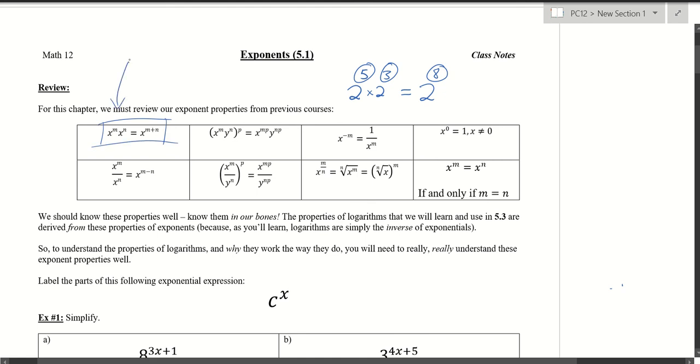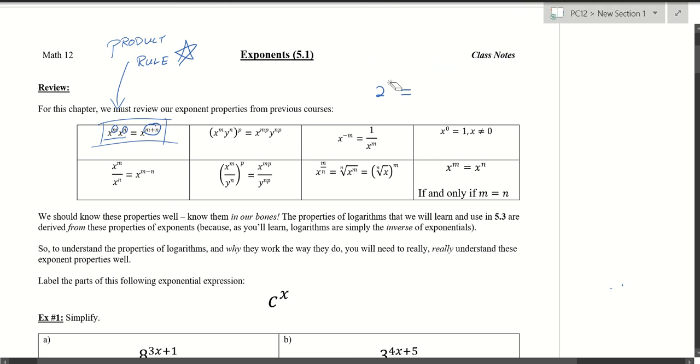Our product rule tells us that if we have a product of powers and they each have the same base, we take each exponent and we add them together. It is the most important rule for exponents, I would say, at least when we are starting to learn how to generalize them.